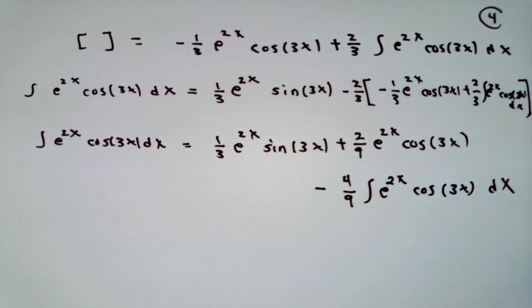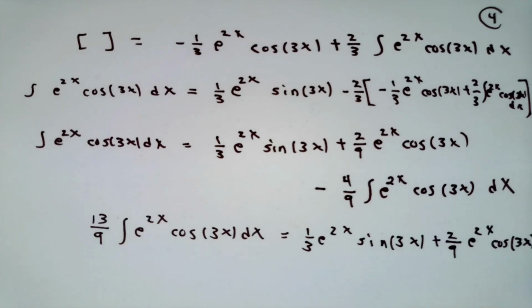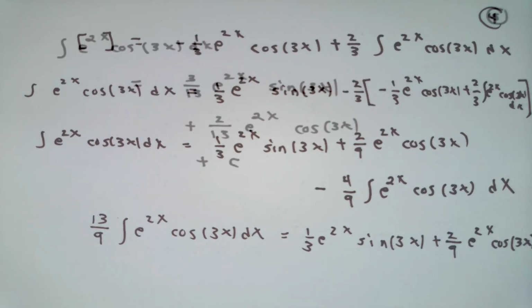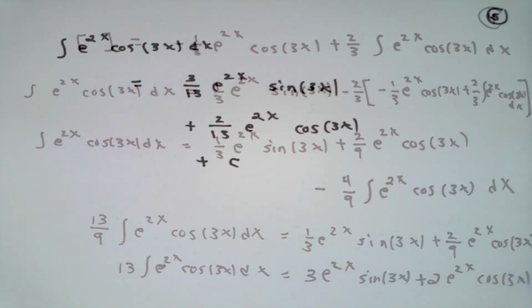Finally, if we multiply through by 9 and divide through by 13, we will finally know an antiderivative of e to the 2x cosine 3x with respect to x, to which we'll add a constant of integration to know all of the antiderivatives.